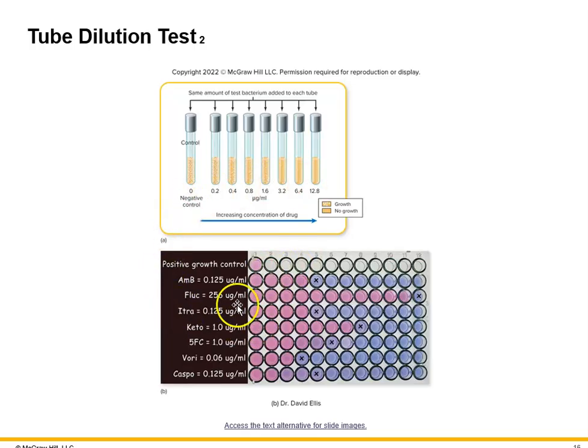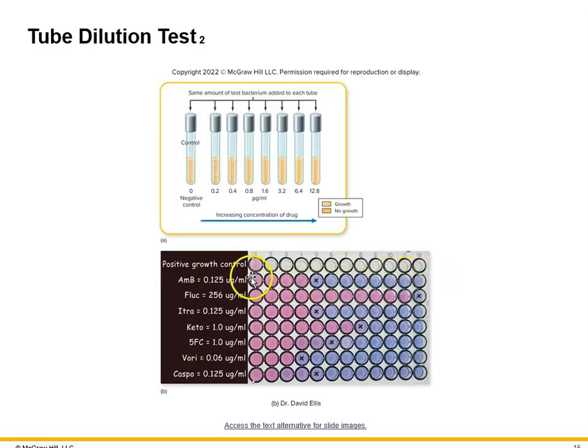Down here, we're doing the same type of test. We've got a positive growth control that's showing us pink here. These are little wells that have been set up, and growth of the bacteria is going to be pink. Then for this row here, we're using a certain antimicrobial, and we're looking at the different concentrations in each one of these wells.